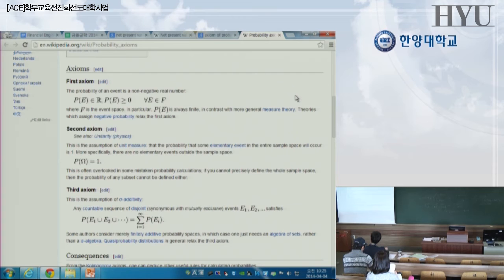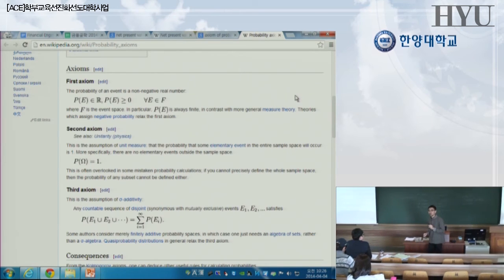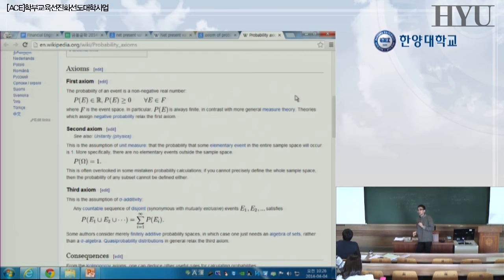Second axiom: P(Ω) should be 1. It means that the probability that anything happens should be 1, right? Which means that the probability of nothing happening should be 0, right? So if we combine the first and second axioms, probability should be between 0 and 1, right?